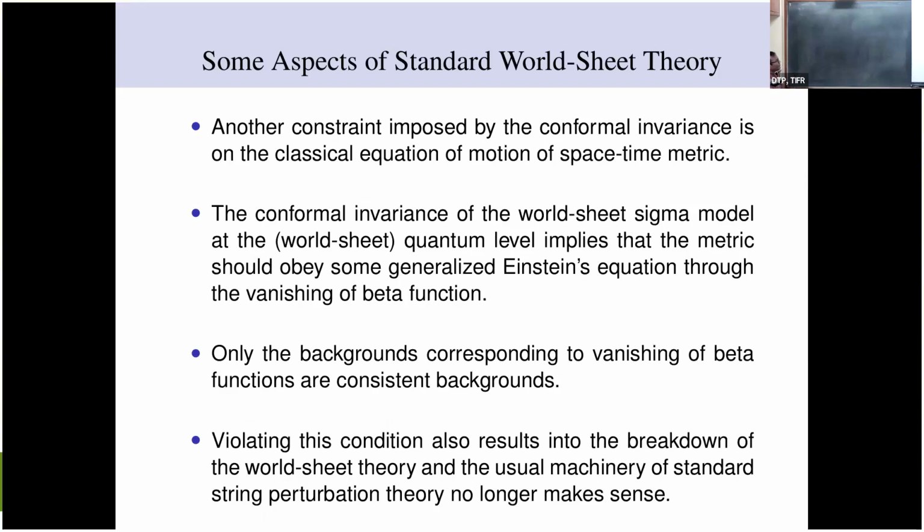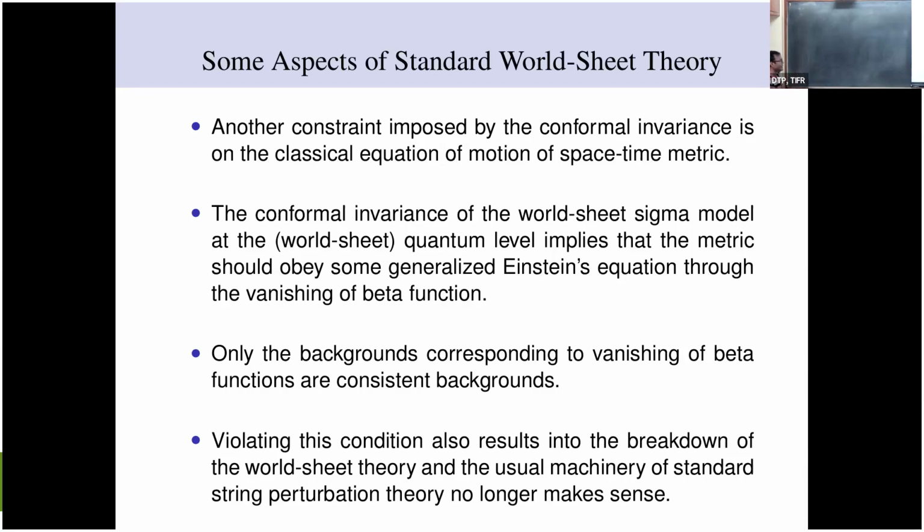Another constraint imposed by conformal invariance is on the classical equation of motion of the space-time metric, from the conformal invariance of this worldsheet sigma model. If you demand conformal invariance at one loop, then you have to set the beta function to zero, and that in turn gives you a generalized Einstein equation for the metric tensor.